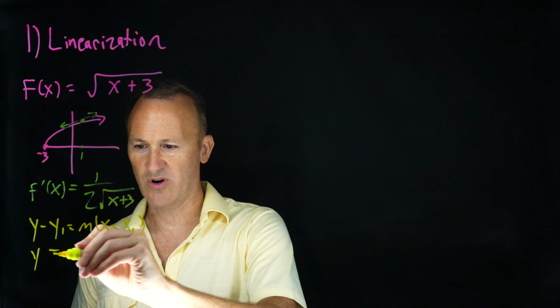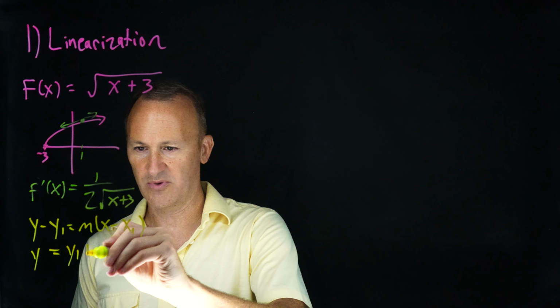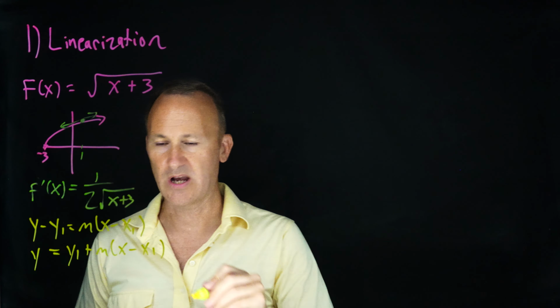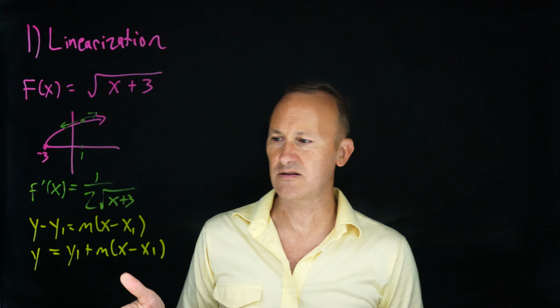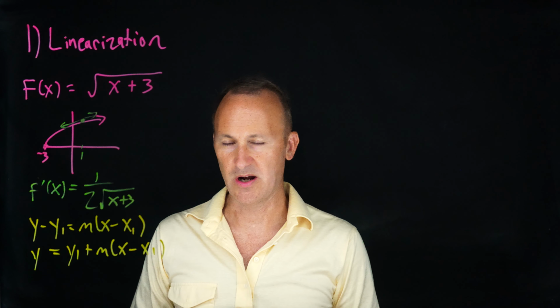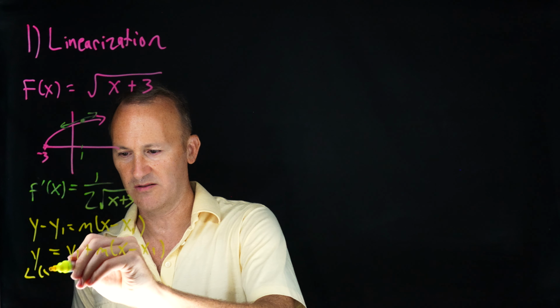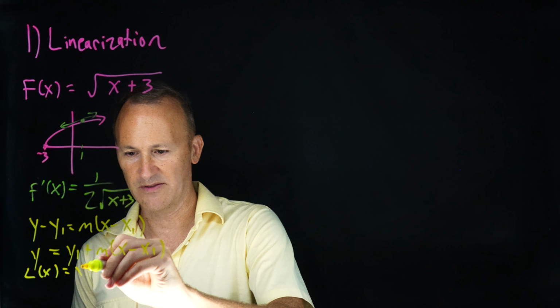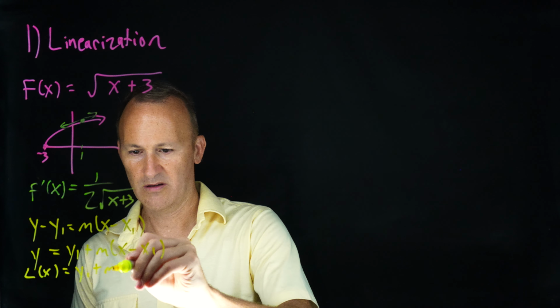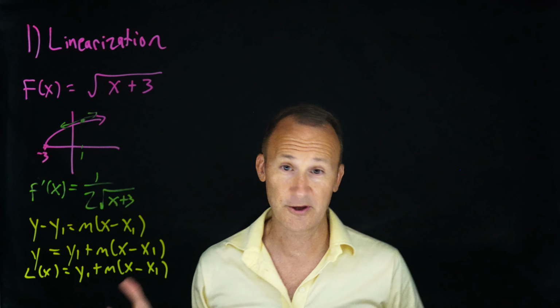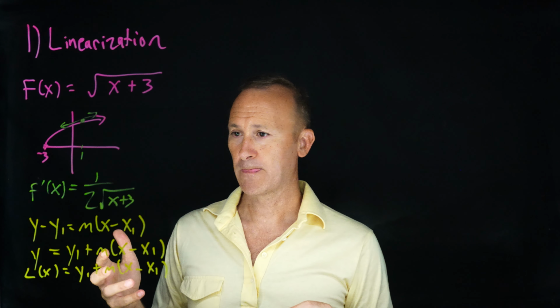And so you really rewrite it as y equals y1 plus m times x minus x1. It's just the equation of a line, but in the literature, it'll often be written as L of x. It's the linearization of x at that point. It's just a change of notation. It is simply the equation of a straight line.